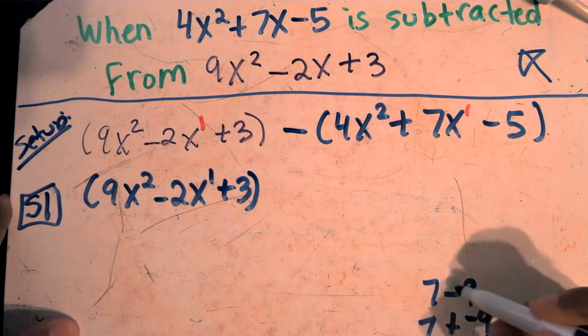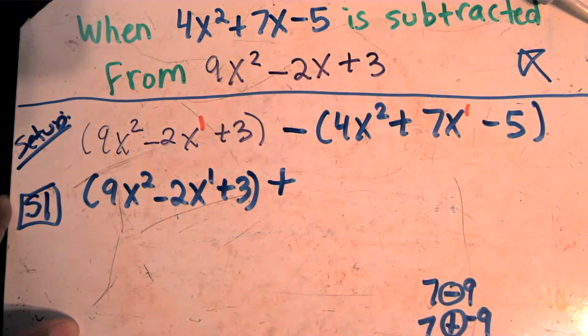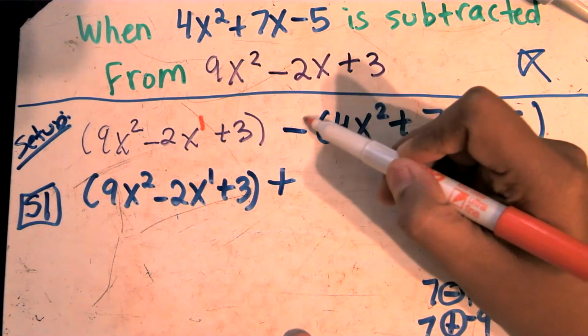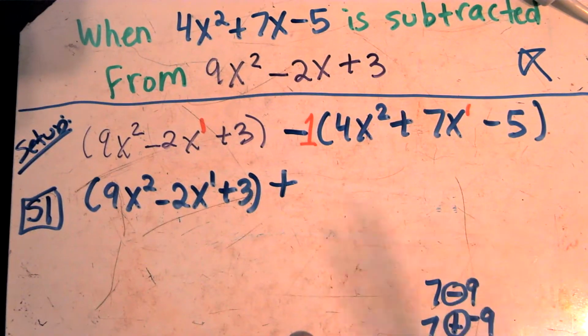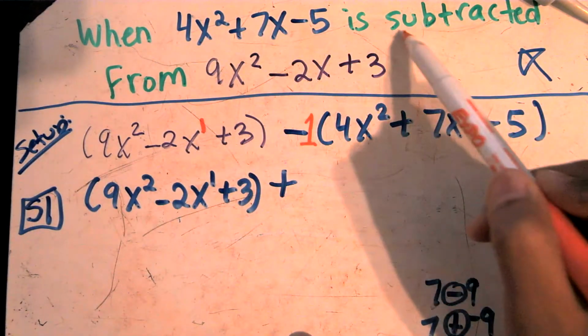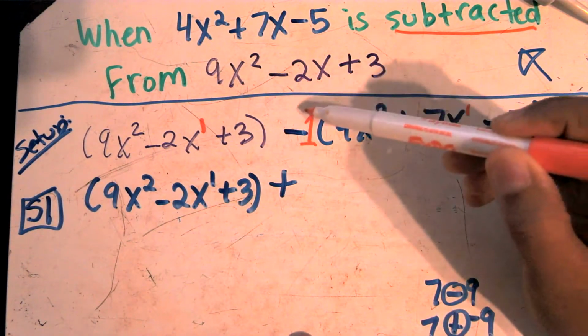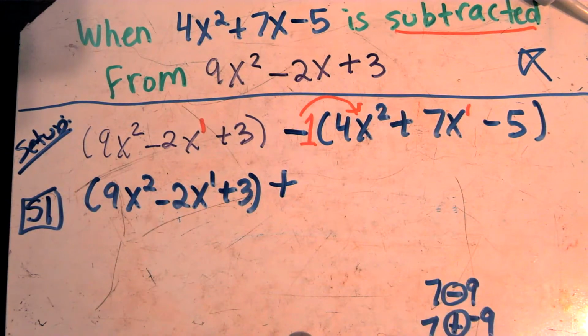And then I'm going to convert the problem into an addition problem, and I'm going to distribute that invisible -1. It's negative because we are dealing with a subtraction problem. So there's actually an invisible -1 in front of this second polynomial.